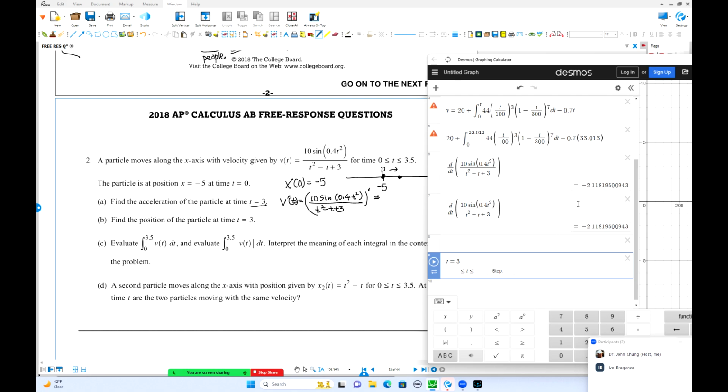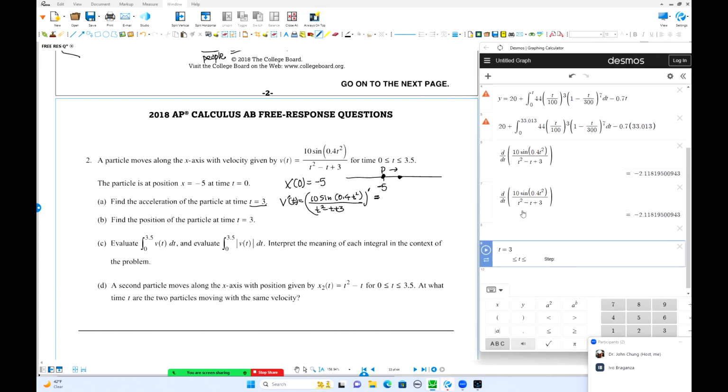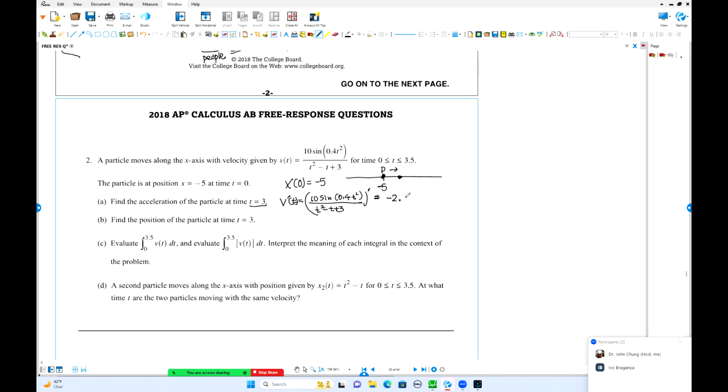At x equals 3, that is negative 2.118. You know how to use a calculator, right? Take a derivative and put the number x equals 3 there. You got the answer: negative 2.118. There is no unit there.